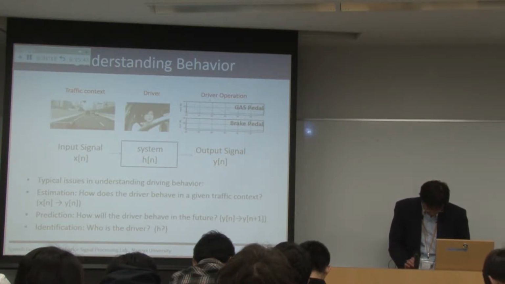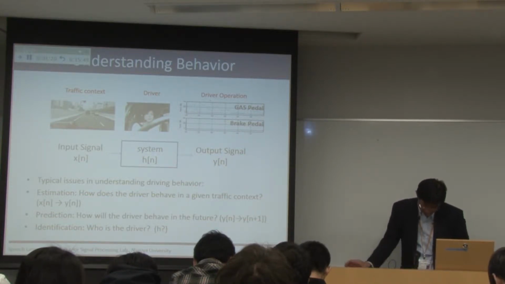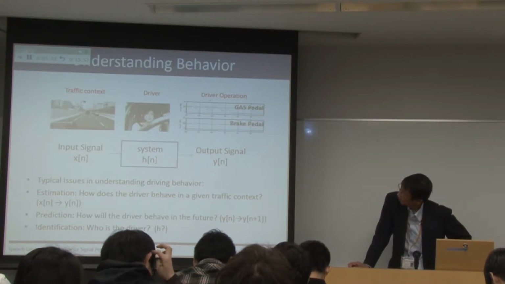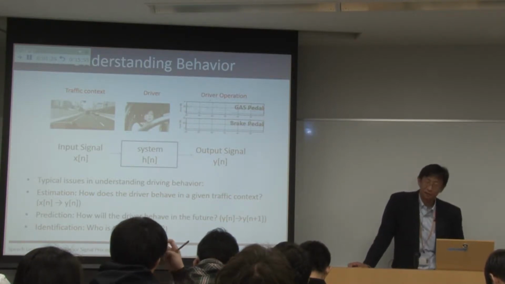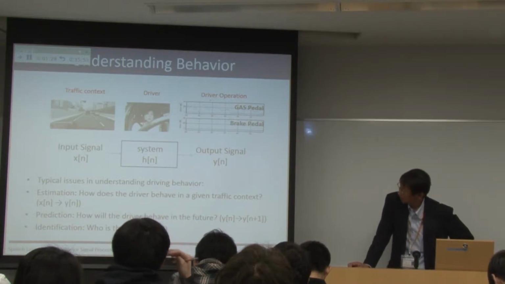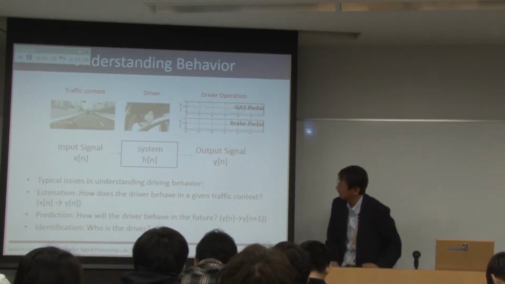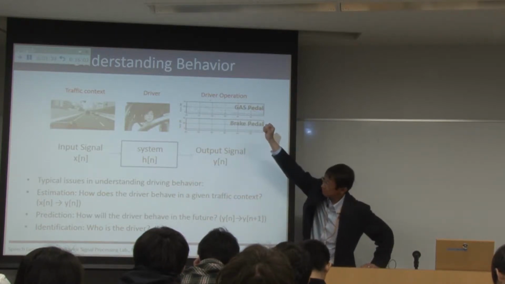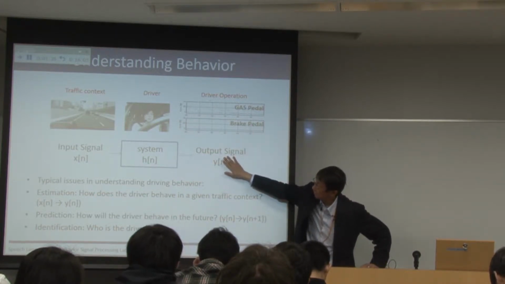Okay, and classically, mathematically, problems of signal processing can be very, very roughly divided into two or three classes. One class is to determine the system. The other class is to predict the system.